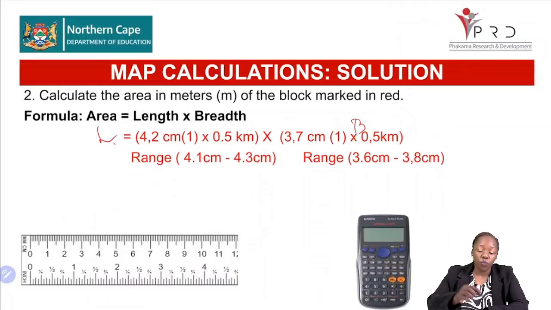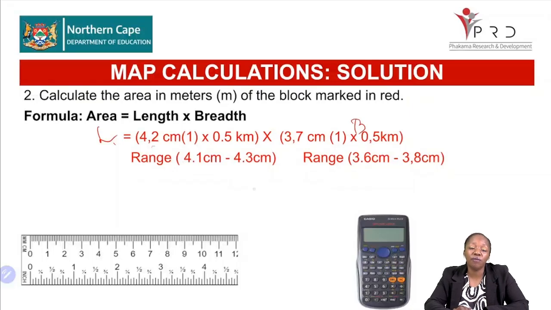So here, we're going to use your 4.2, which is your length, because this is longer than your 3.7. And then again, you will have the difference. Some will get 4.1 and some will get 4.3. Remember, we are using different rulers.